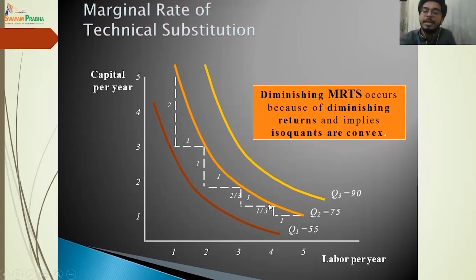And I move further from 3 to 4. So every time my labor is increasing by 1 unit, 1 unit, 1 unit, but the demand for capital, when we have more and more labor, generally decreases. And we have observed that from 4 to 5, when we have increased 1 extra unit of labor, our capital only falls by 1/3 of its capacity.